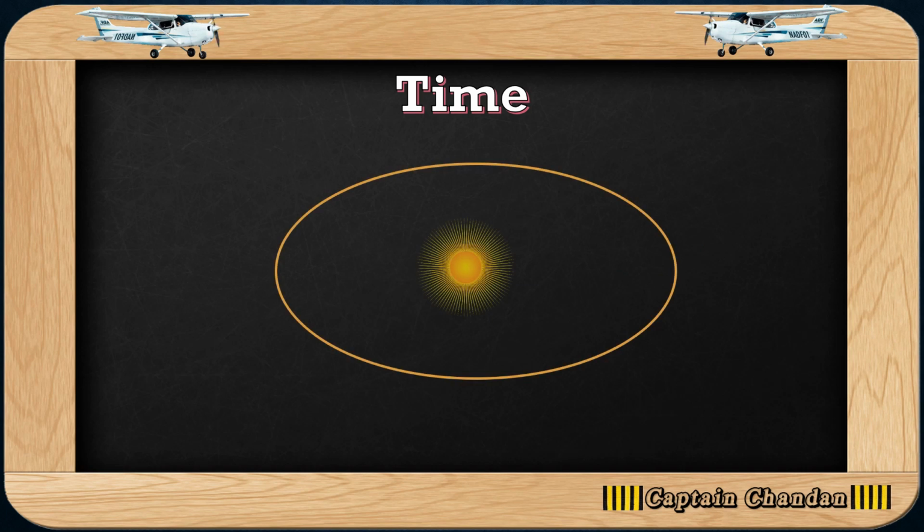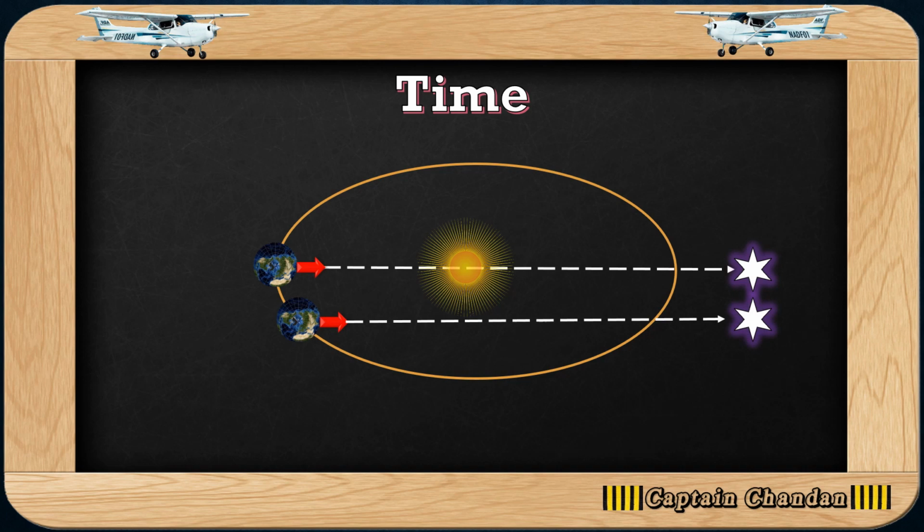Now we will understand the concept of sidereal day and apparent solar day. In this diagram, Earth is pointing to the sun and a star while rotating on its own axis and moving on an elliptical path around the sun. After 23 hours 56 minutes, the red pointer is pointing at the star, not the sun.